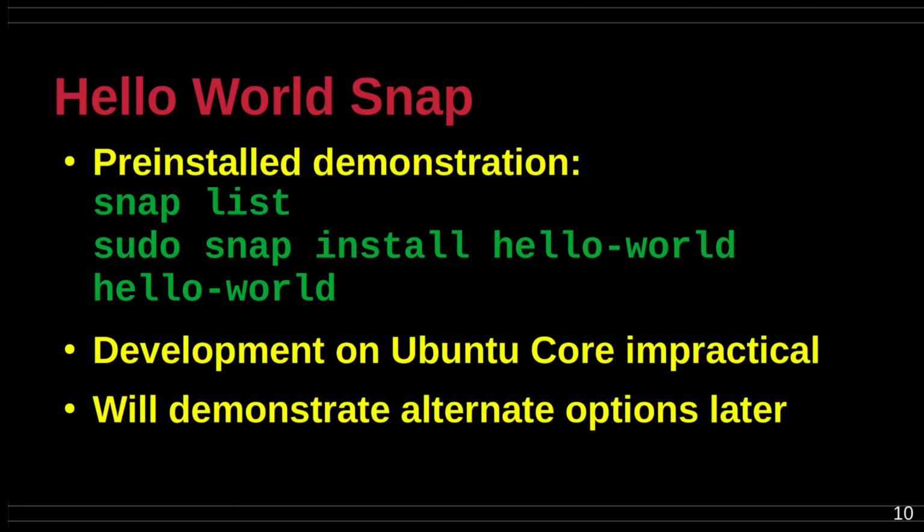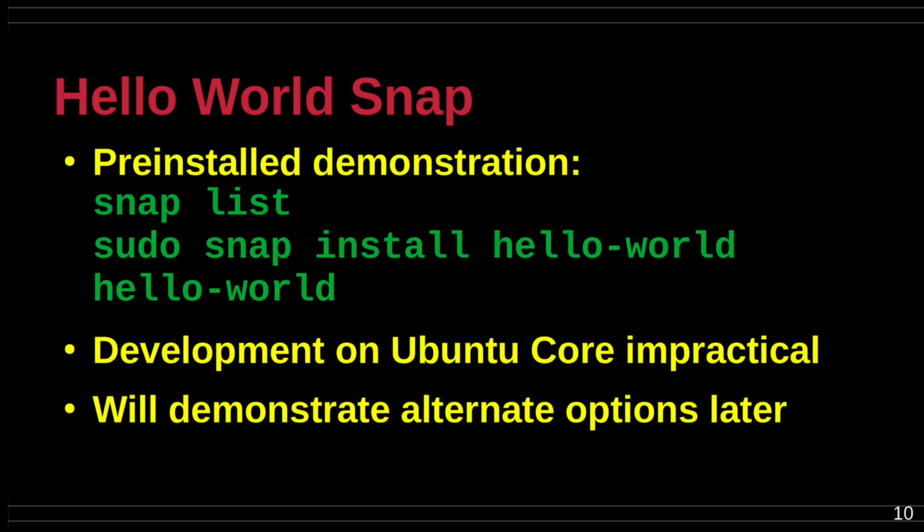Fortunately, it's more expedient to develop on a desktop, which is faster than Raspberry Pi generally, and then deploy the snap onto Ubuntu Core through the services of the Snap Store. Development uses Snapcraft in classic confinement, and this mode is incompatible with Ubuntu Core.